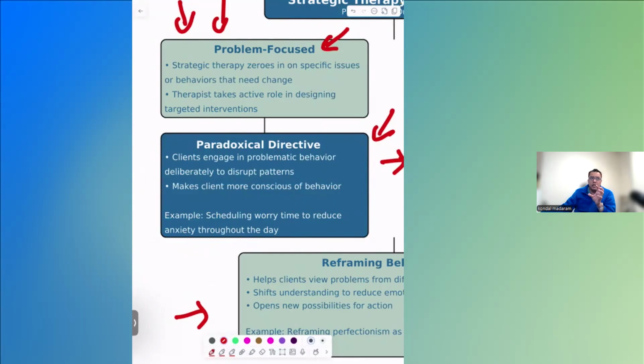By containing the behavior in this way, the client often begins to notice worry is losing power. They feel less anxious throughout the day because they're facing it for 20 minutes. They had an opportunity to worry about everything. And because of the intensity, the time frame and the deliberate act of doing it, what they see is that the intensity of this worry decreases over time and they do better.